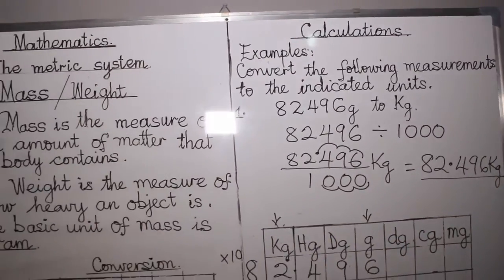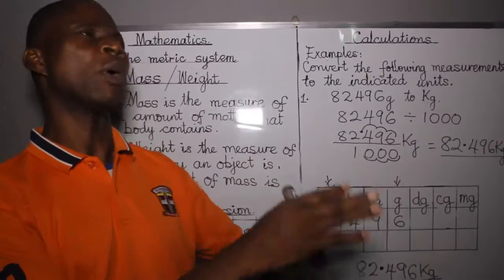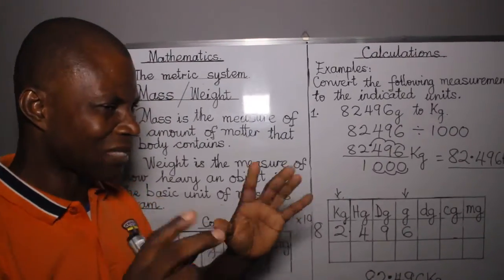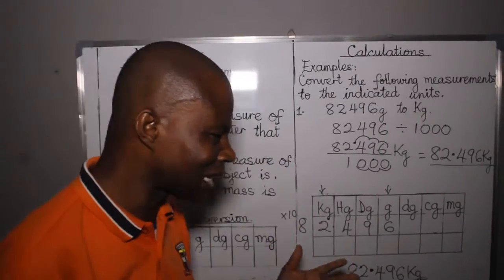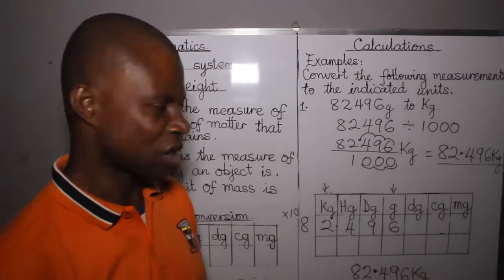But remember, this has to do with division, multiplication, shifting of the decimal point or multiplying directly. In this table form, you have nothing to multiply and nothing to divide. Just fix it in and follow it to solve questions.